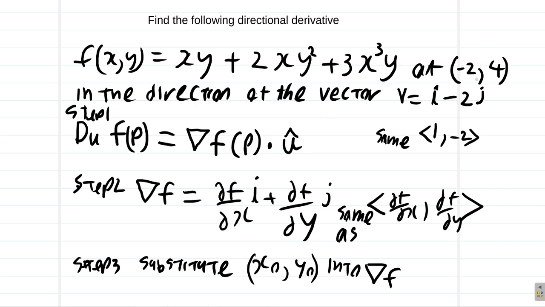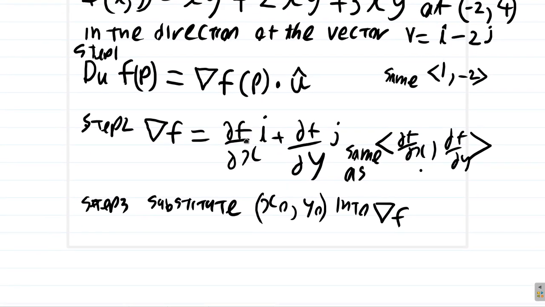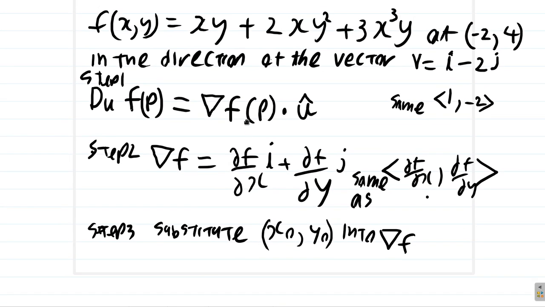And that movement starts right here, right? So x0 is actually negative 2 and y0 is 4, all right? Now, once you do that, remember you're going to have the dot product between the gradient vector at that point and the unit vector.